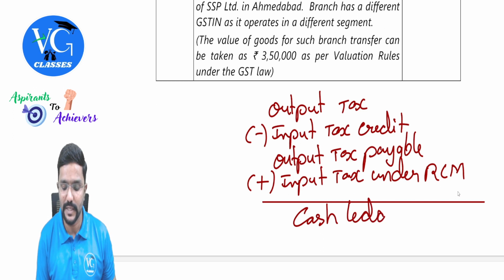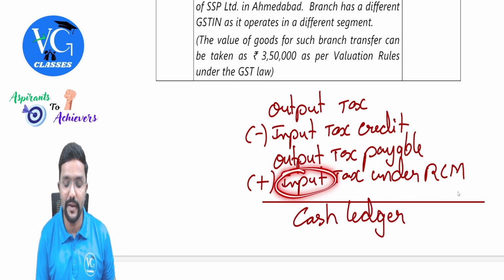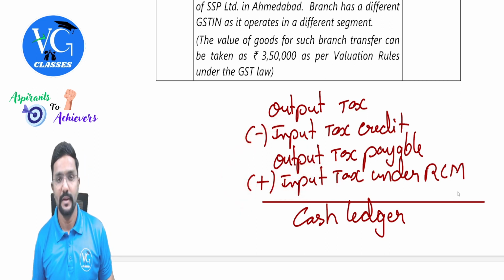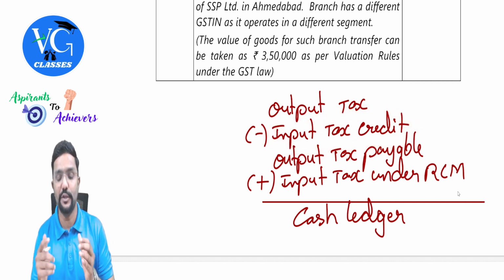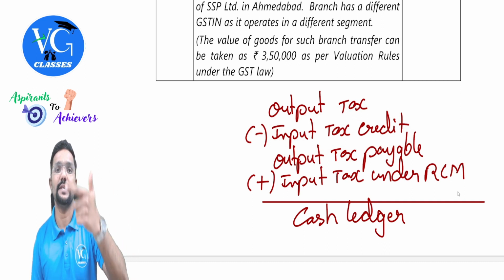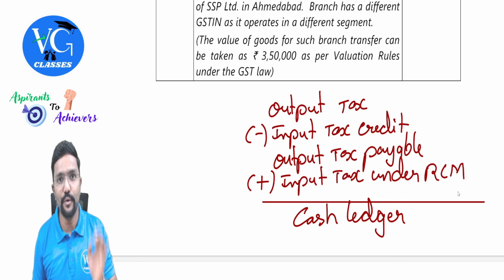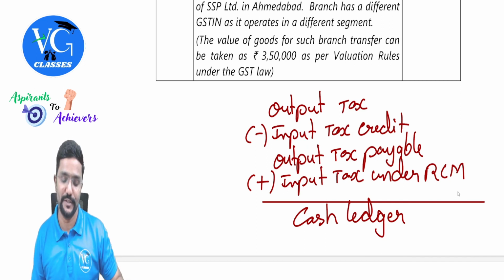This is the amount which has to be paid through the cash ledger. Please be careful, this anyway will be counted already here, so again we need to add it here. Clear? I repeat once again, guys, the total input tax credit which we need to deduct here includes whatever tax is paid on inward supply, under RCM as well as FCM, as both are available as credit for the recipient subject to conditions.